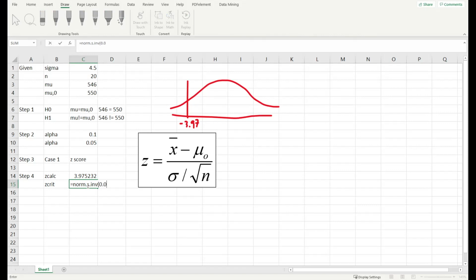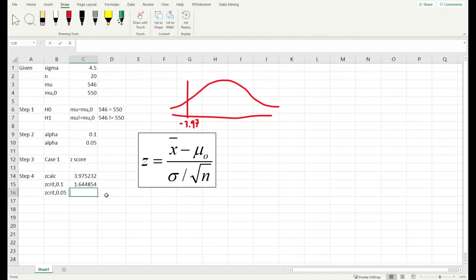If we do alpha equals 0.1, then dapat 0.05 gagamitin natin, no? Pero again, para maging positive siya, gawin natin siya is 0.95. Parang ganyan. Okay, so this is Z crit for alpha 0.1 and compute tayo ng Z crit for alpha 0.05 naman.